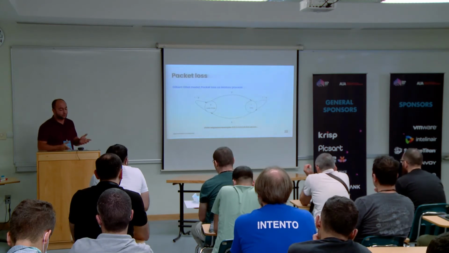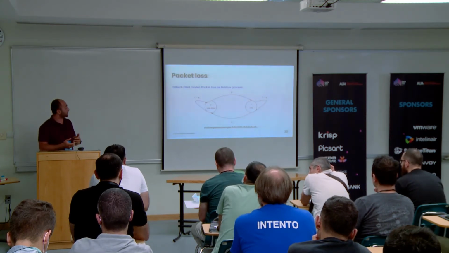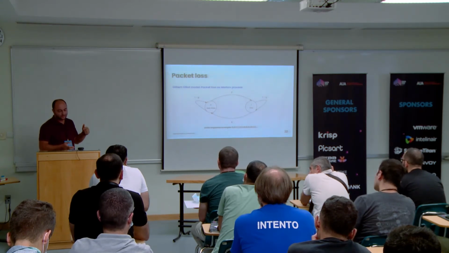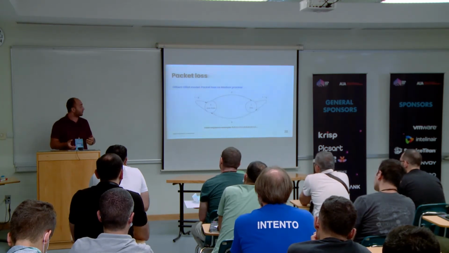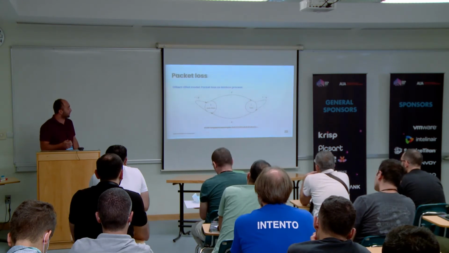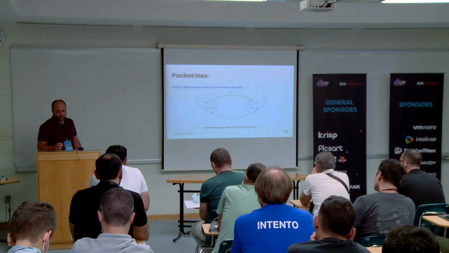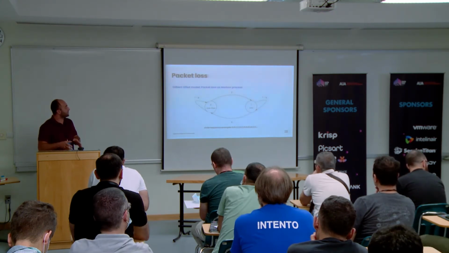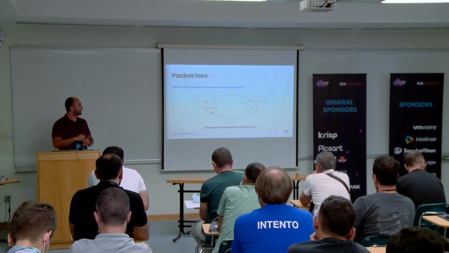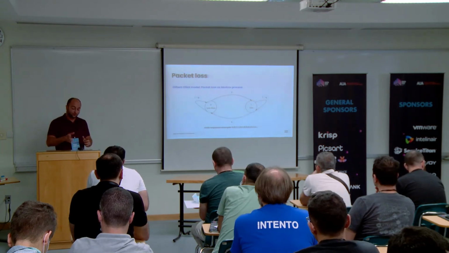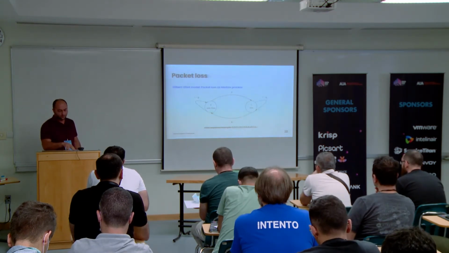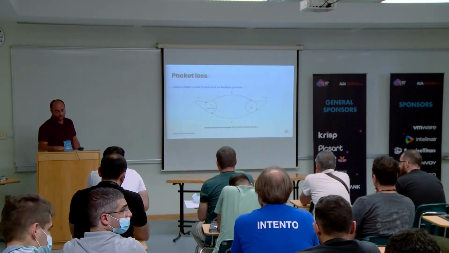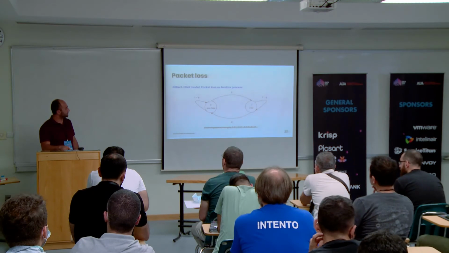There's a popular model for simulating packet losses called the Gilbert-Elliott model, and it describes packet losses as a Markov chain model, a Markov process, which means that the probability of each event in this process depends only on the previous state, the previous event. Here we have two states, non-lossy and lossy, and you can see transition probabilities P and Q.